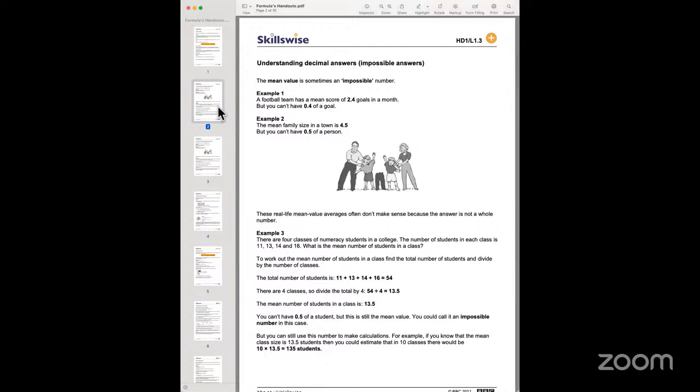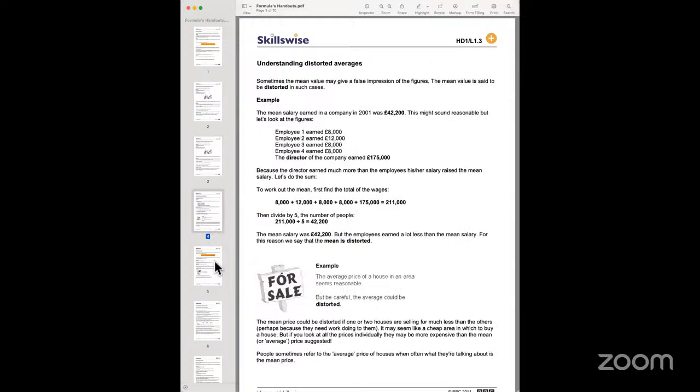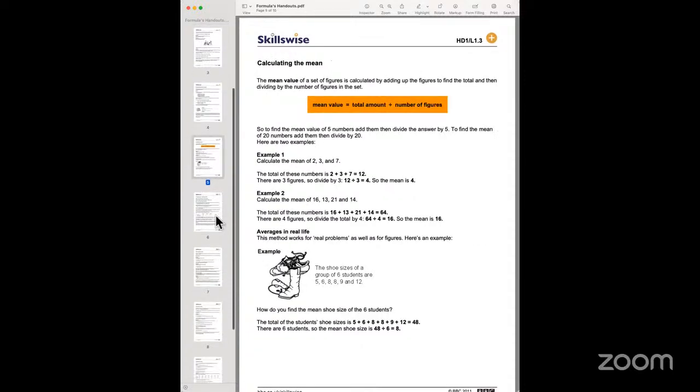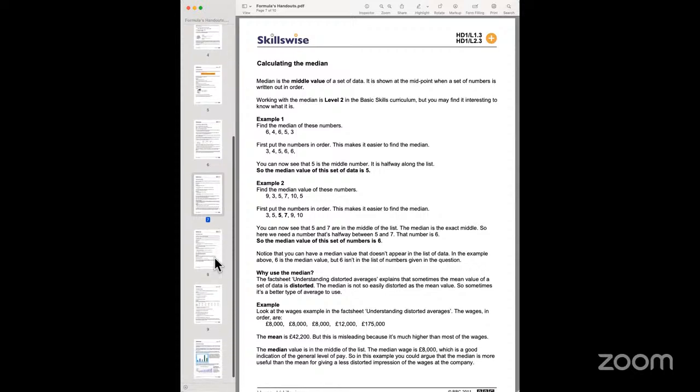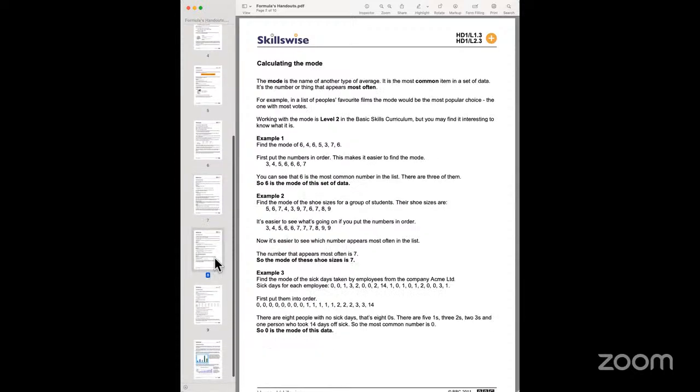These are important and commonly used formulas, and I've created a handout, taken from the SkillsWise website, into which I've compiled some answers and examples where you use these formulas. How do you calculate mean, median, mode? How do you calculate the formula for, say, a triangle or a rectangle?